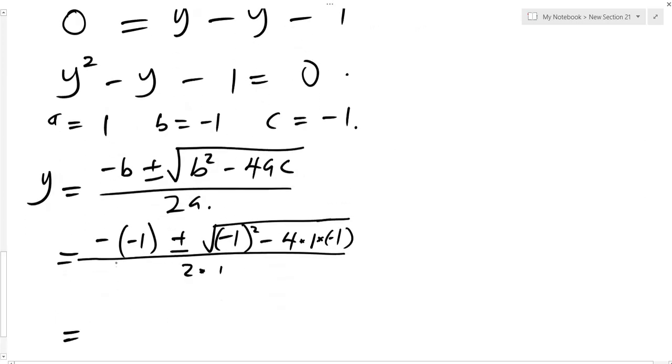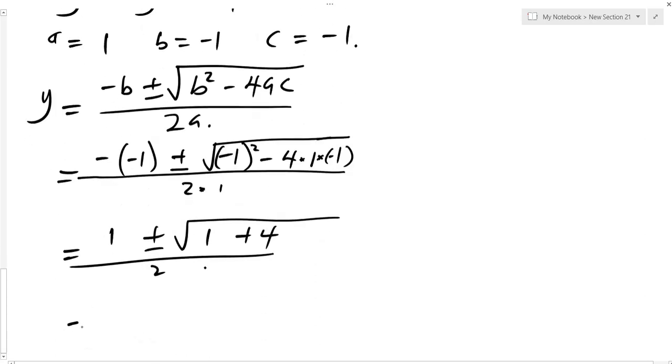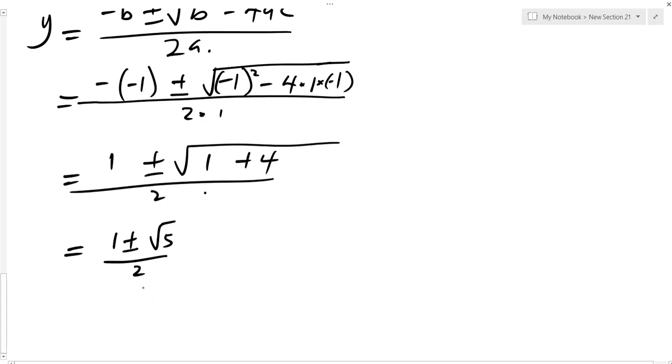So minus times minus 1 gives you 1, plus or minus the square root of 1 plus 4, all over 2. So we have 1 plus or minus the square root of 5 all over 2, which implies that y is equal to 1 plus the square root of 5 all over 2, or 1 minus the square root of 5 all over 2.